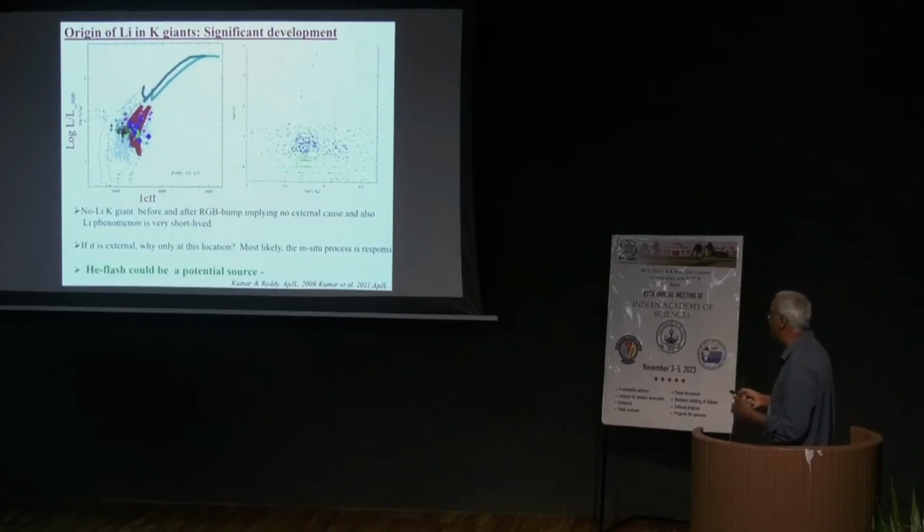The problem came when we made a suggestion: this cannot happen at the luminosity bump where extra mixing is happening, because this is the same place where lithium is getting destroyed, and in the same place you cannot bring the lithium up to such high amounts. And even if you bring it, basically you can't. This is the hypothesis we made in that paper in 2011 with Mike Kumaran.